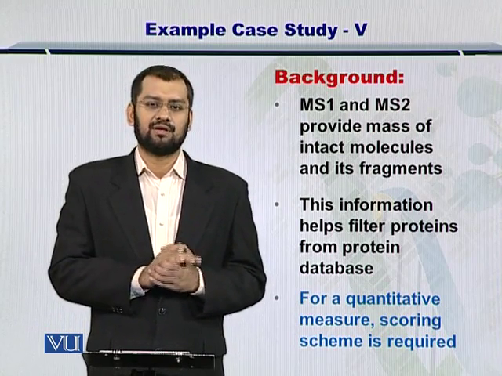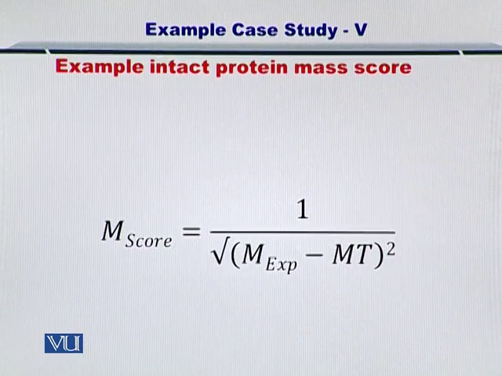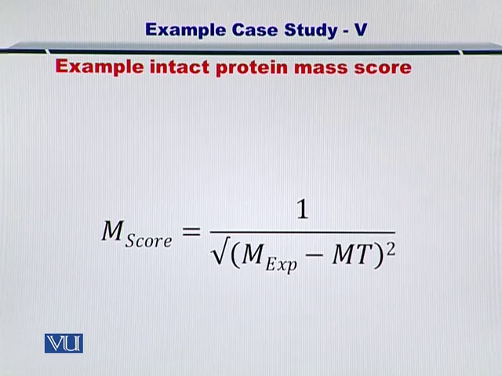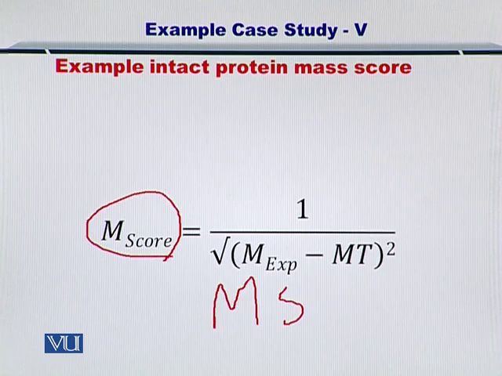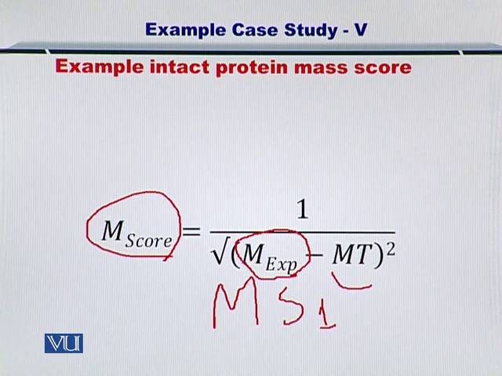vitro experiment data. Towards creating a quantitative measure, let's take a look at the scoring scheme that we have previously described. So if the score of the experimental data versus the theoretical data for MS1 is to be computed, then simply you take the difference between the experimental mass and the theoretical mass of the proteins.